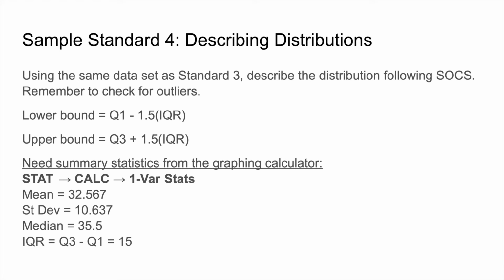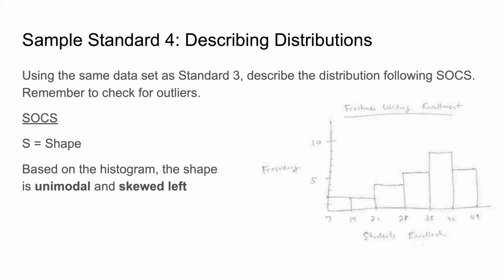However, if your data is skewed, you're going to use the median and the IQR as your center and spread. So mean and median are both measures of center, and standard deviation and IQR are both measures of spread. Picking and choosing which pair of them you use depends upon the shape of your distribution. But now that we have all of this, we can proceed and we can talk about shape.